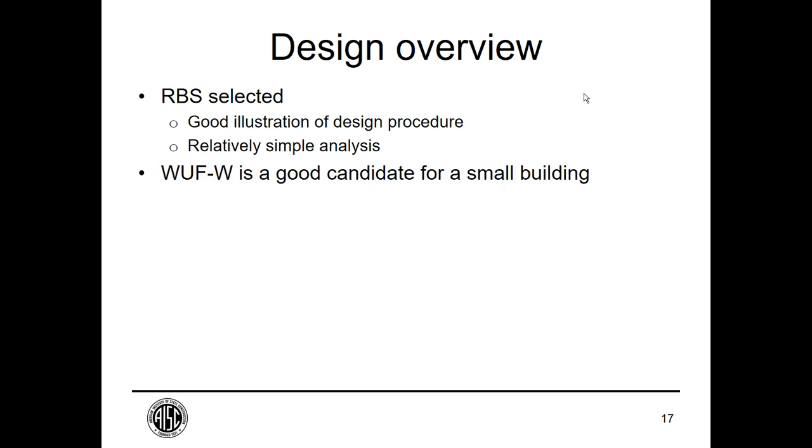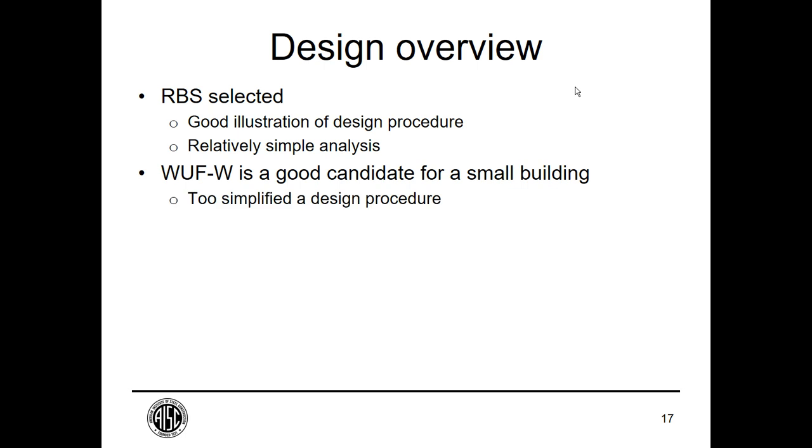The welded unreinforced flange welded web connection, or WFW connection, would be one that I would recommend considering for such a small building. It's a very simple connection, very easy to design and very easy to construct. So it would be an appropriate one to look at for the size of building that we have in this example.